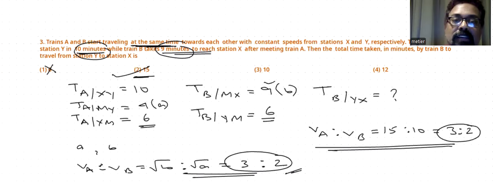So obviously this part has to be a perfect square number. Once it is a perfect square, the other part has to be a perfect square number. So 9, 6, 10, and 4. Again 4, a perfect square number. And it is only coming from option 2. That's our answer. Next.